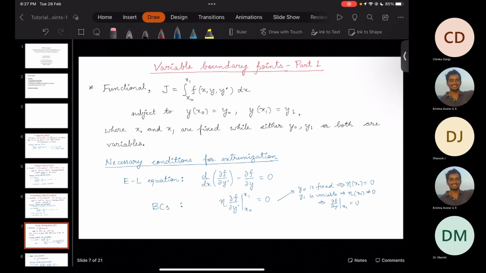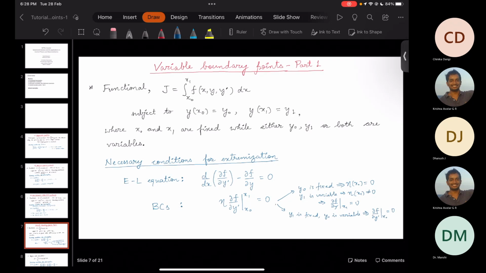And you will ask, what if say y naught is variable and x1 is fixed? So y1 is fixed and y naught is variable, then this implies that dou f by dou y prime at x naught has to be equal to 0.